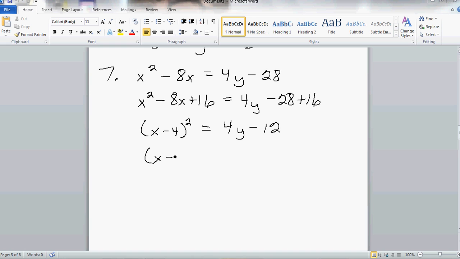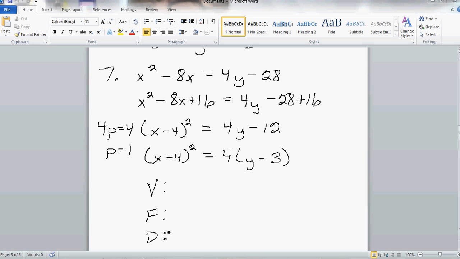So we get the quantity x minus 4 squared equals, I'm going to factor out a 4 and get y minus 3. Now we've basically done all the hard part. We realize this is equal to 4p. 4p equals 4, so that means p will equal 1.